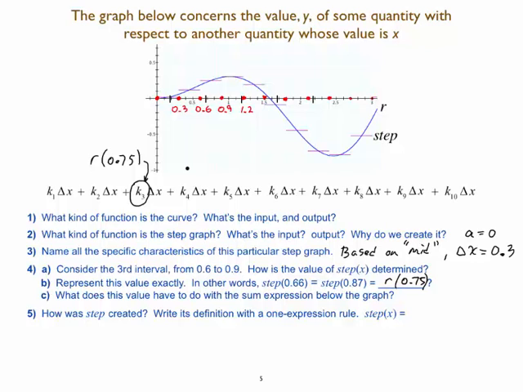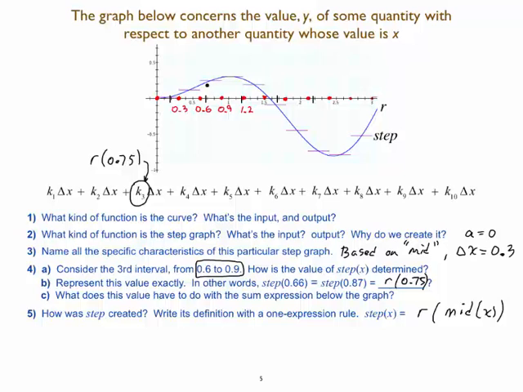Okay, cool. So how can I write step X in one formula? R of mid of X. Who got that before I started writing it? X is any value, because we said we were in the third interval between 0.6 and 0.9.